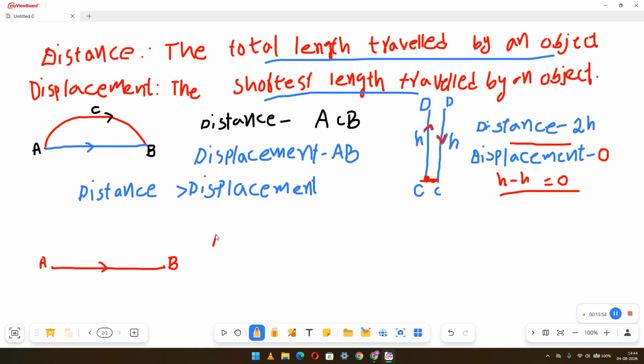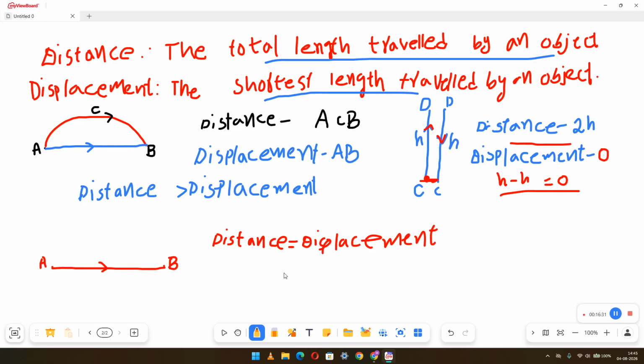It travels in a straight line. So here the distance and displacement are same. Distance is equal to displacement. Distance is total length travelled by an object. Displacement is the shortest length. Here the displacement is equal to distance.